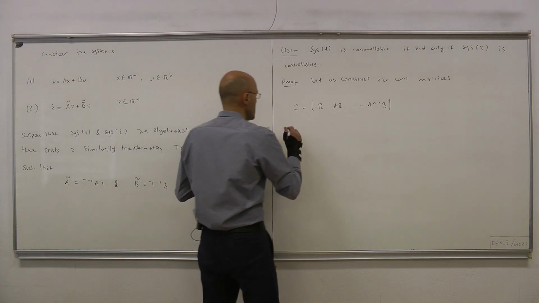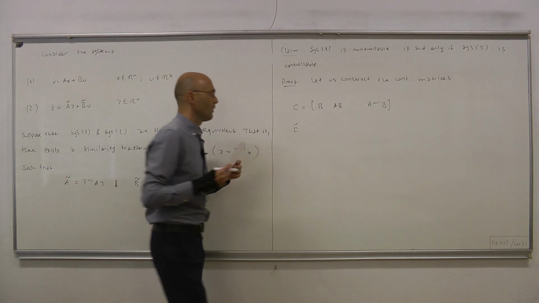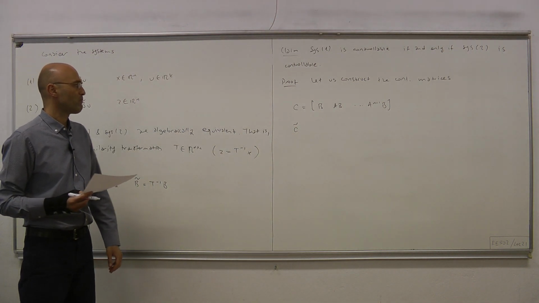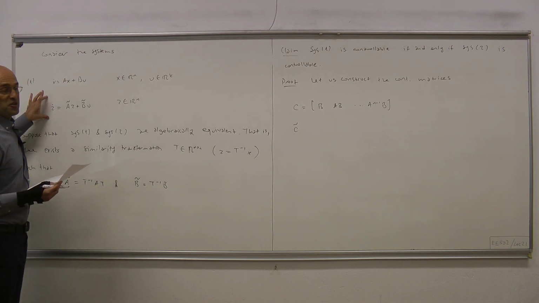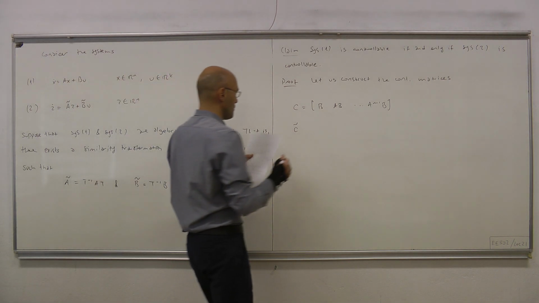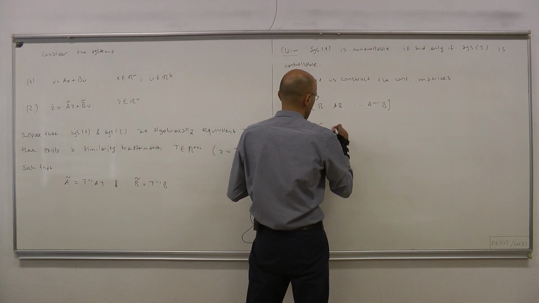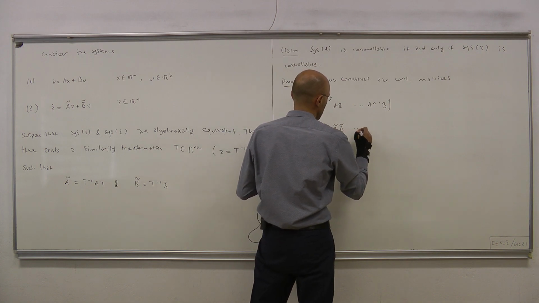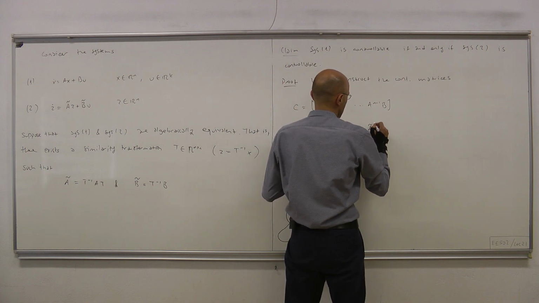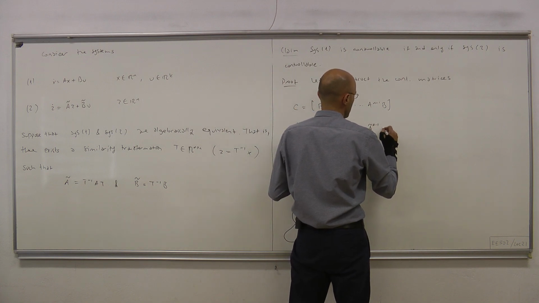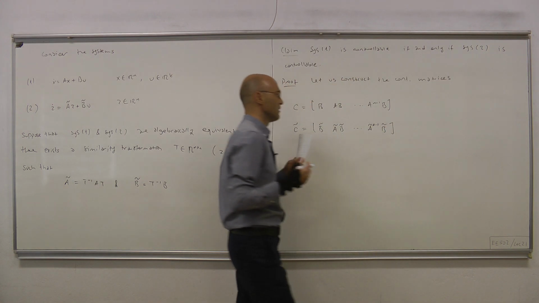How about the controllability matrix of this new system, the z system? Let's form that also. We have the same structure: B tilde, A tilde B tilde, up to A tilde to the n minus 1 times B tilde.